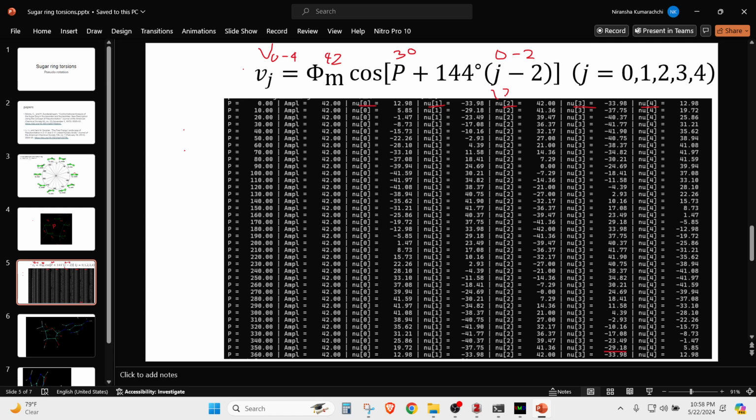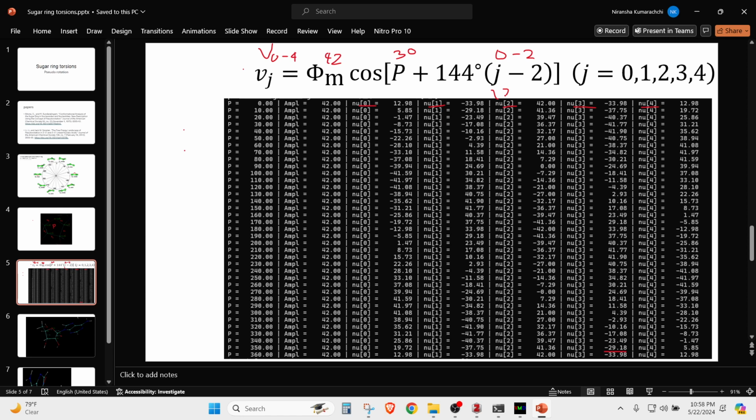So let's see what is at 20 degrees. It says C3 endo, right? Yeah, C3 endo. Okay, so let's visualize these atoms. This is O4 prime and C1 prime, C2 prime, C3 prime, and C4 prime. So C3 endo. We are at 20.